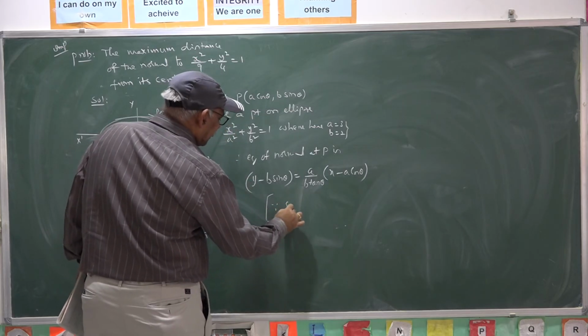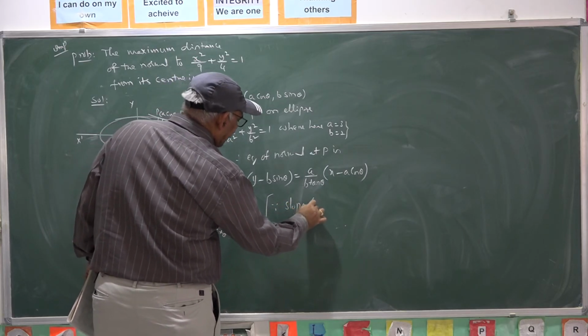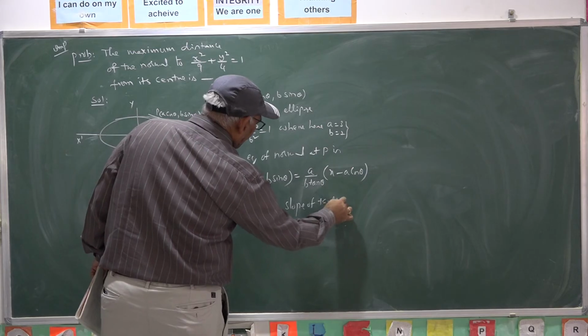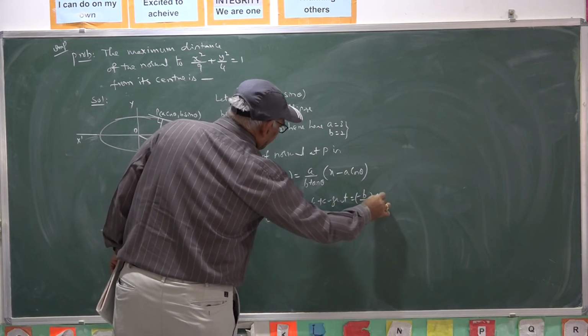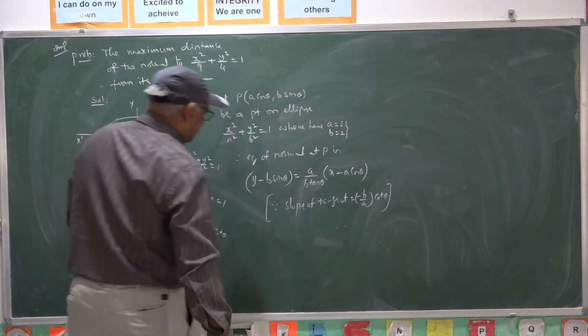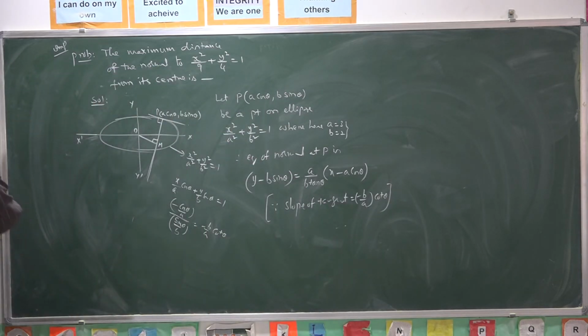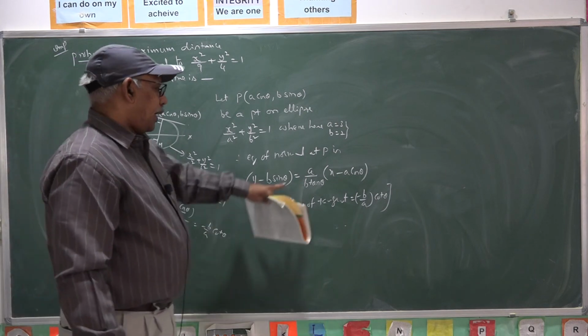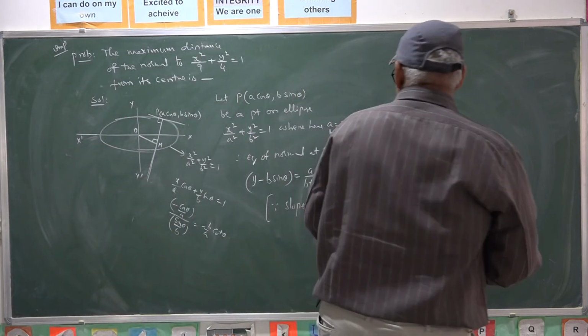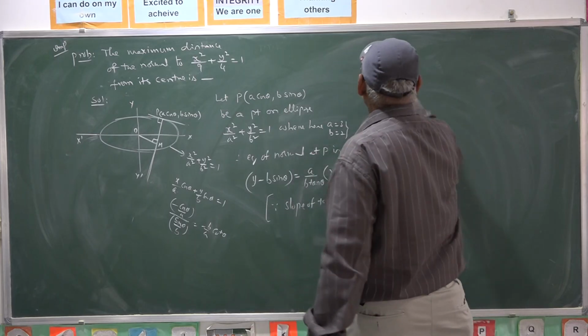Since the slope of the tangent is minus b by a cot theta, hence the slope of the normal is a by b tan theta.